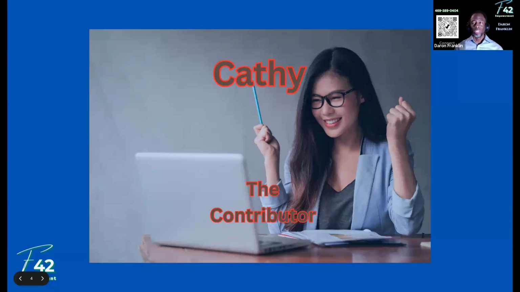They're not interested too much in titles, but they're going to be very reliable. You're going to be able to count on them to do their job day in and day out. They also will be able to share some experiences, but they'll only share if they're asked. They're actually just going to star in their role and do their job. And that's just a brief description of the participator.